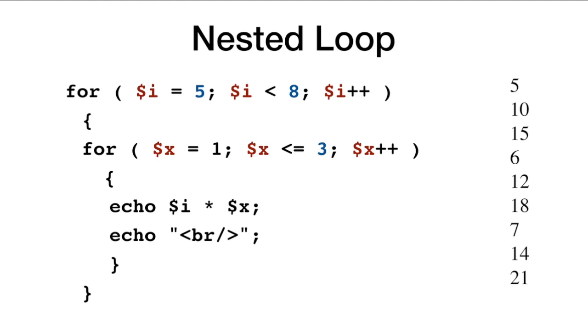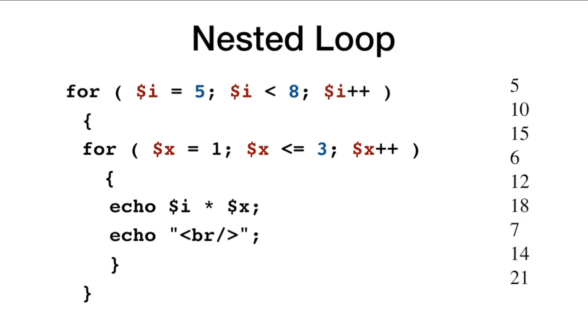The first time when we start off, the outer loop I is equal to 5. Then we go inside the inner loop and X is equal to 1. So 5 times 1 is 5. The inner loop goes around again, this time X will be equal to 2, and so 5 times 2 will be 10.